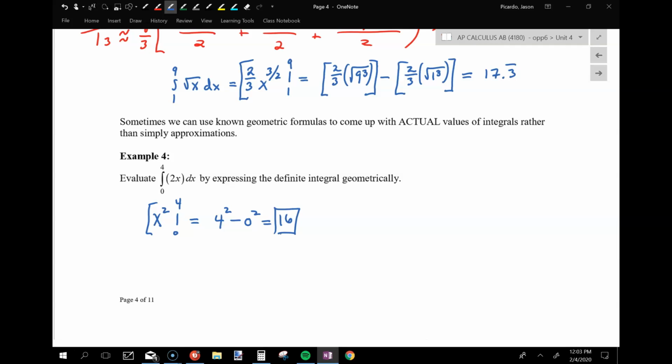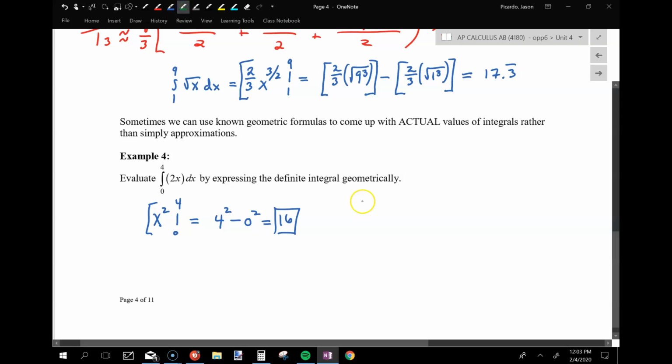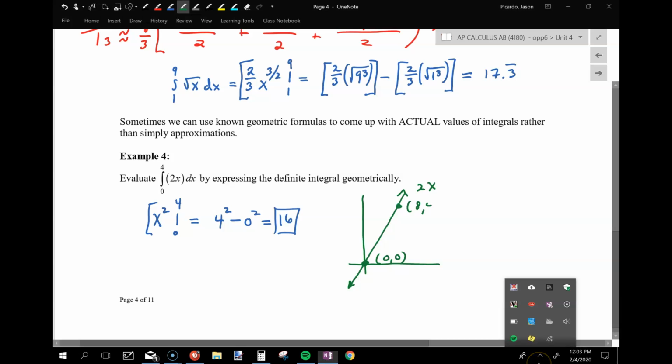I get it. But sometimes we can think about these things like this. Isn't that the function 2x? If that's the point 0, 0, and that's the point 4, 8.